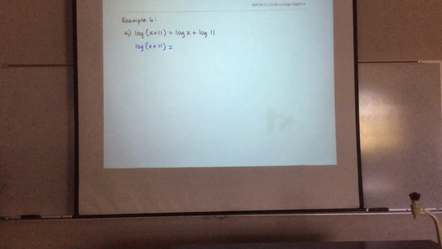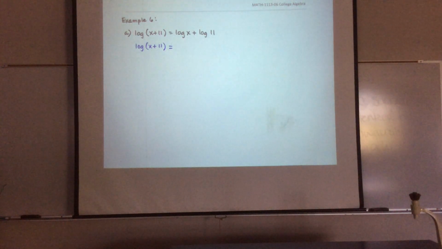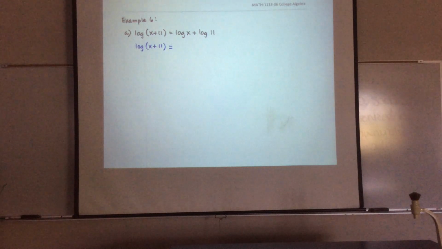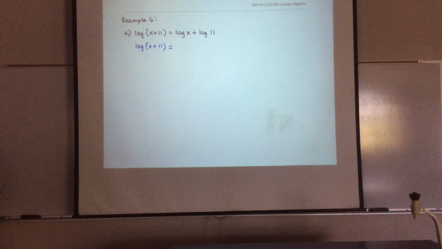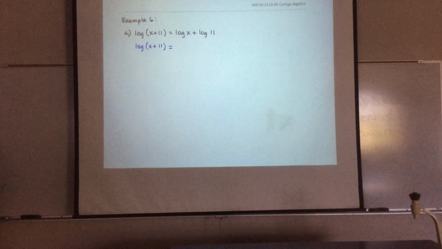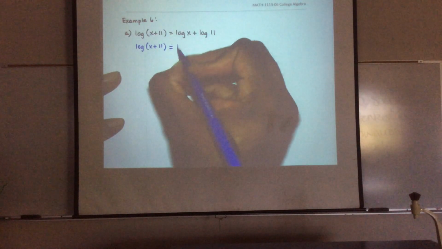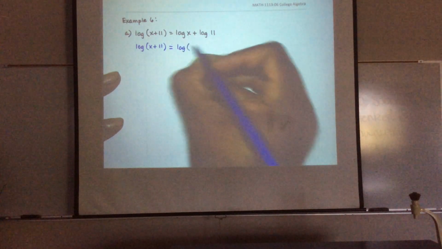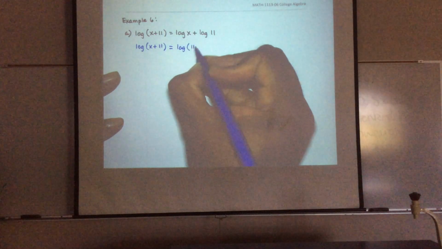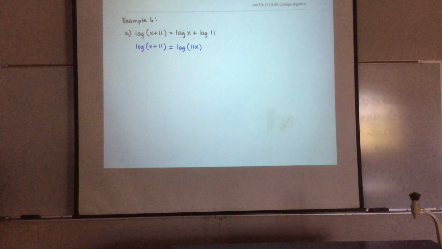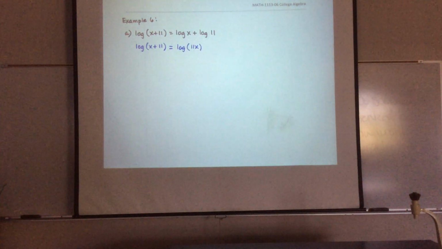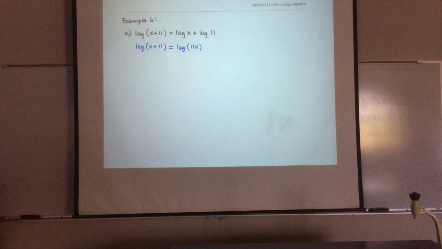But notice on the right side, we've got the sum of their individual logarithms. We need to condense that as the log of the product. Here we have to use the product rule because we have a plus sign in between our logarithms. So we need to condense that as the log of, I'm going to put the 11 in front of the x, because that's x times 11, but it's really 11x. So now I have a single logarithm on the right side and on the left side.